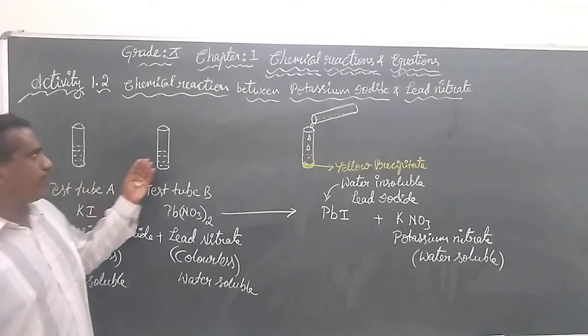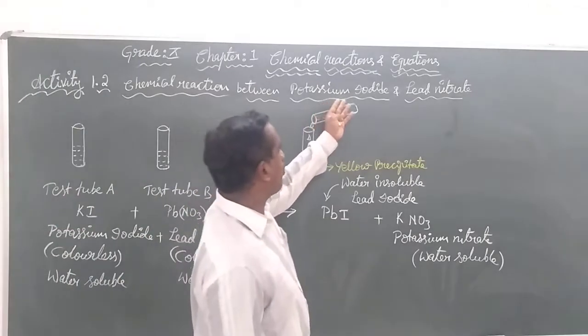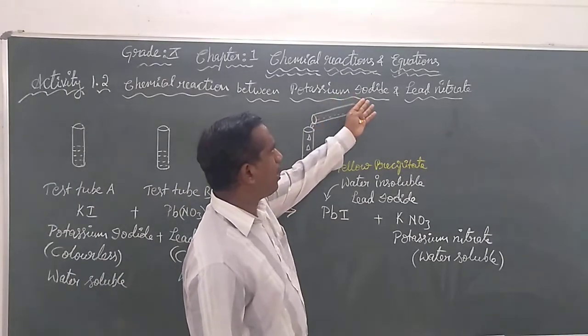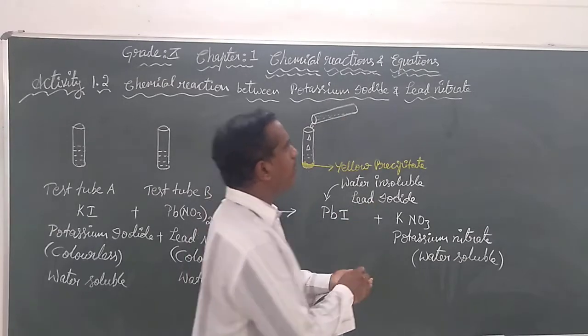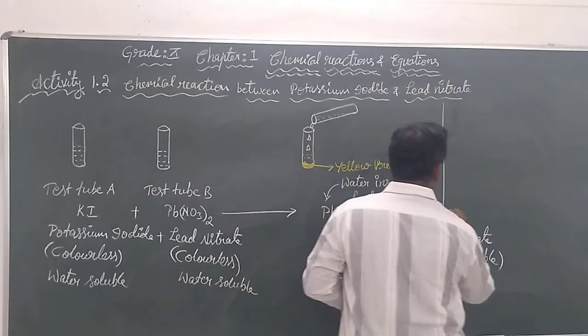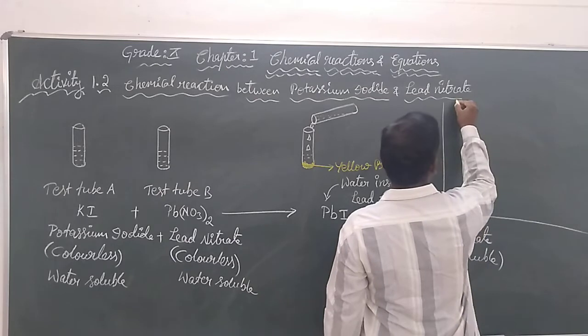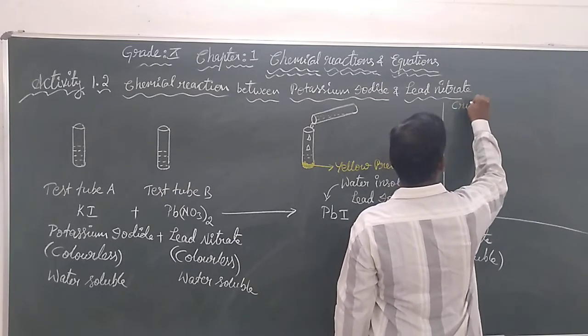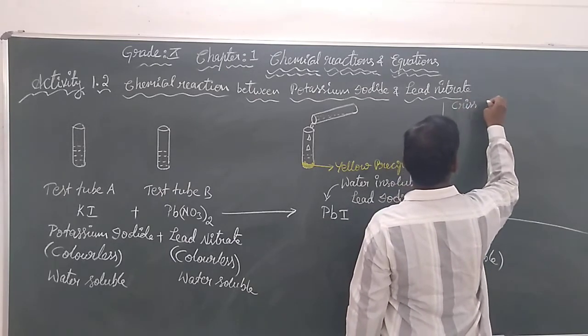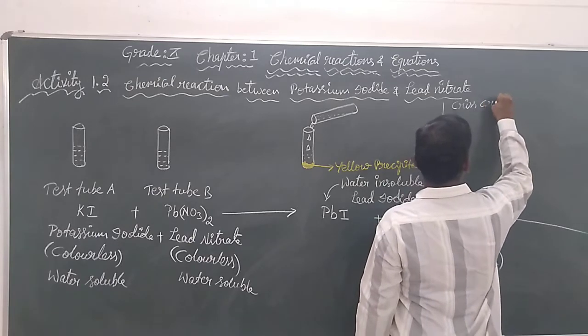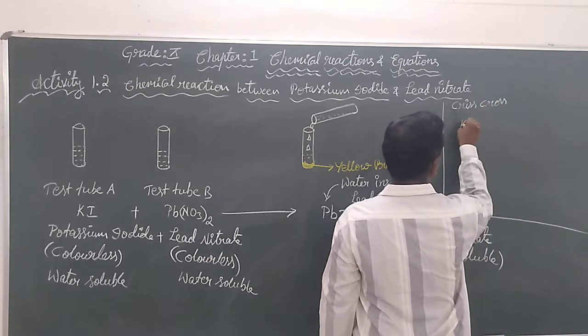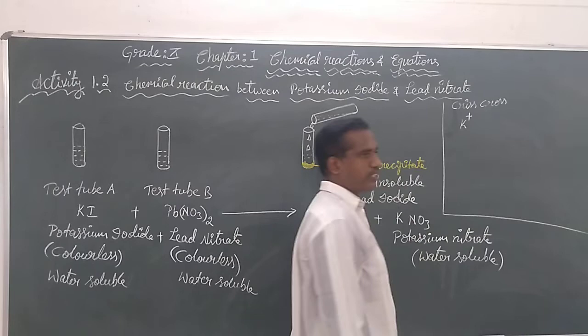potassium iodide, the compound that we are going to see now. Whenever we learn about potassium iodide, we must remember the crisscross method, how they were formed. Potassium valency is +1.